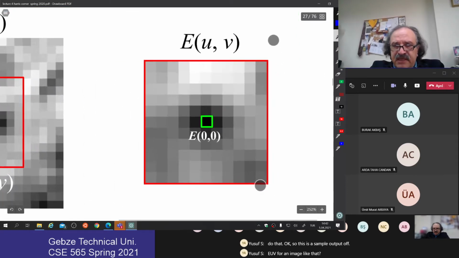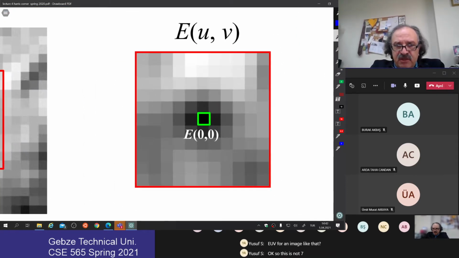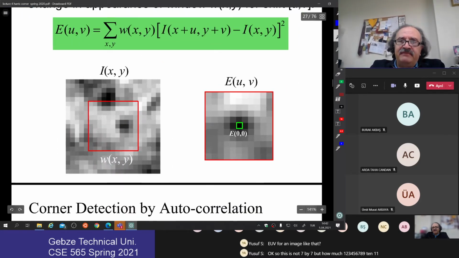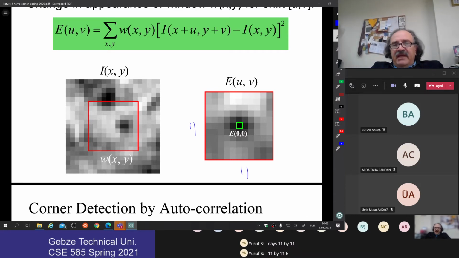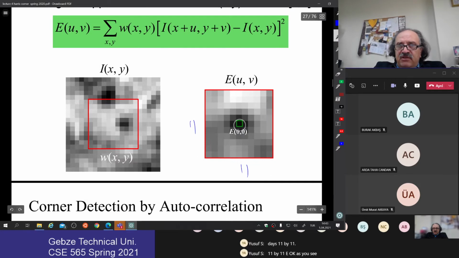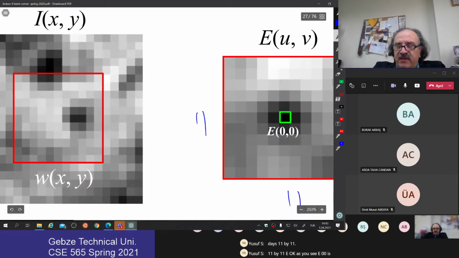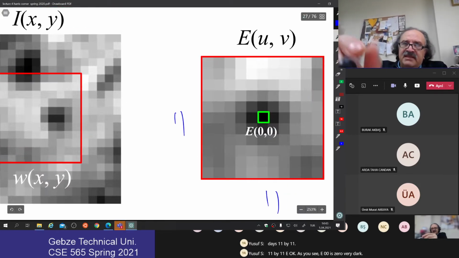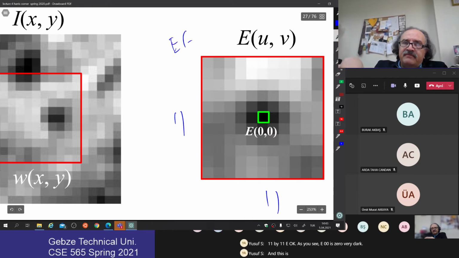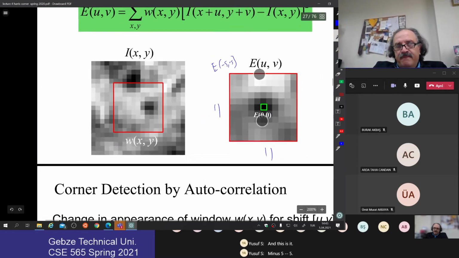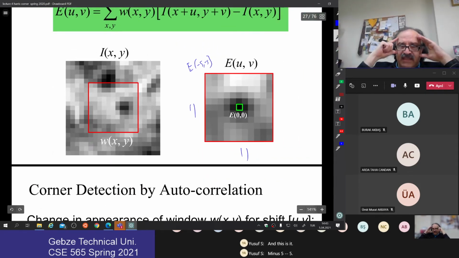Okay, so this is not 7 by 7, but how much? 1, 2, 3, 4, 5, 6, 7, 8, 9, 10, 11. This is 11 by 11 E. As you see, E00 is 0, very dark. And this is E -5, -5. Would you say this is a distinctive point?